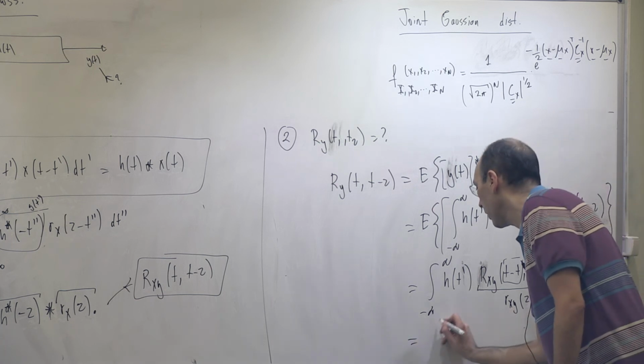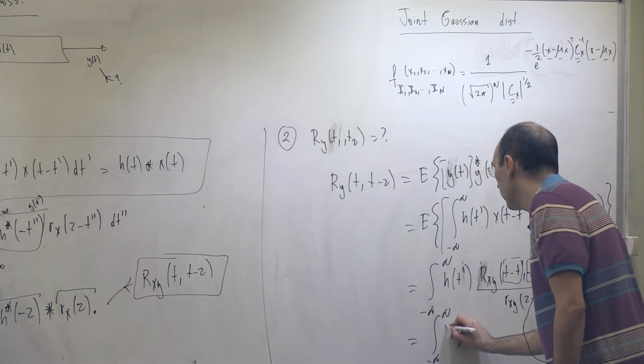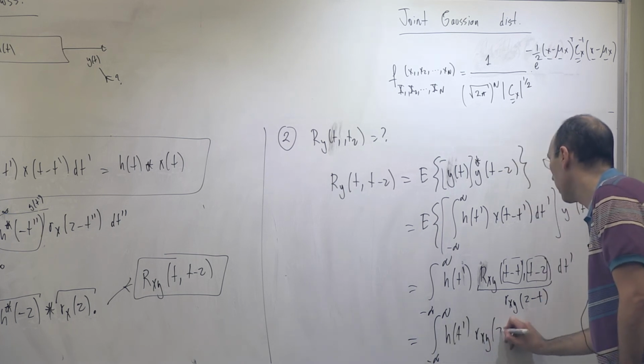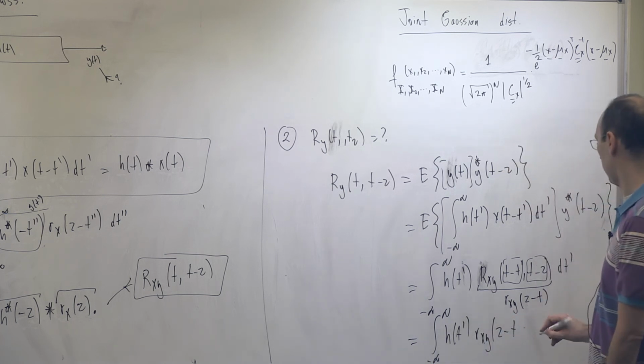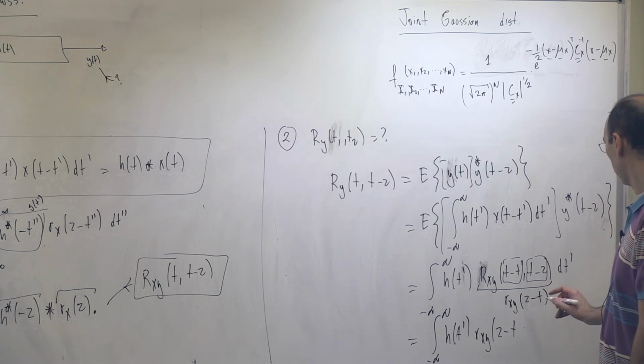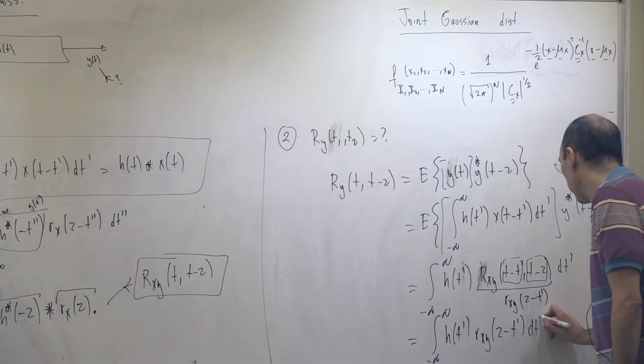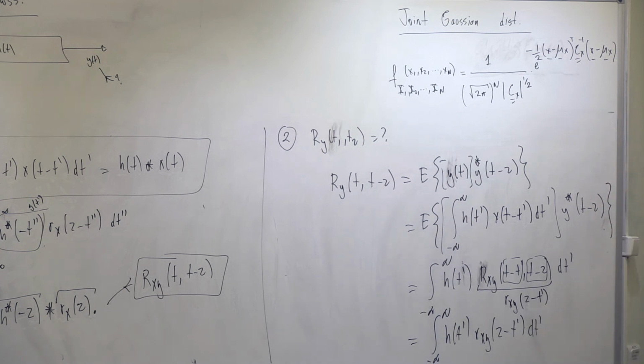So what do I have? Integral from minus infinity to infinity of h of this, Rxy(tau minus t prime) dt prime. Do you agree?